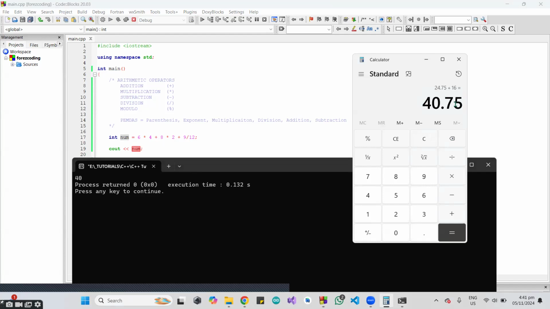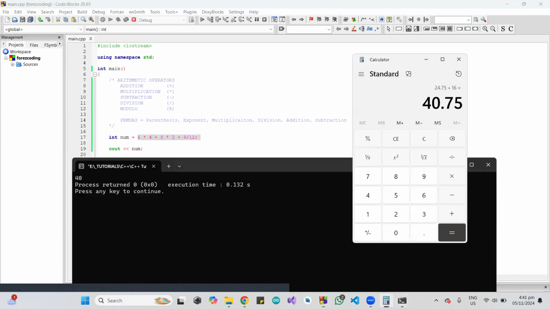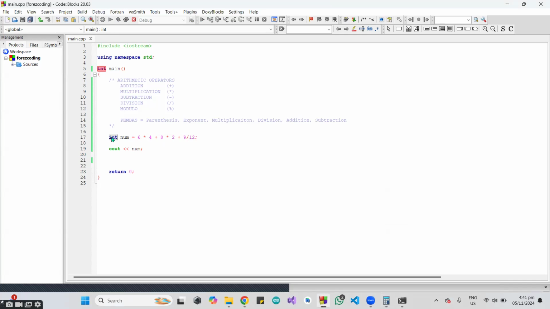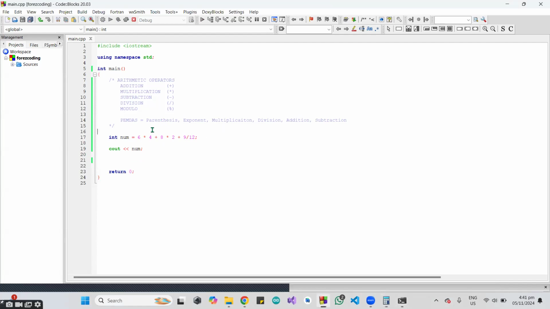This is actually the total output right from this equation. But in our program, because we use integer, it does not include the decimal places.